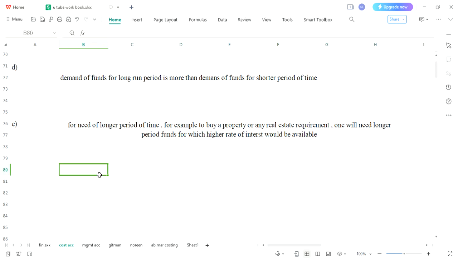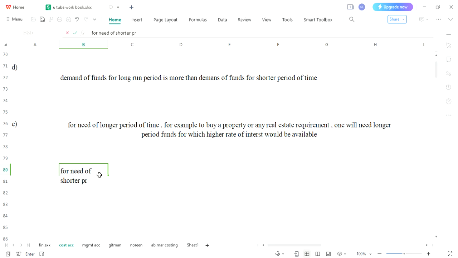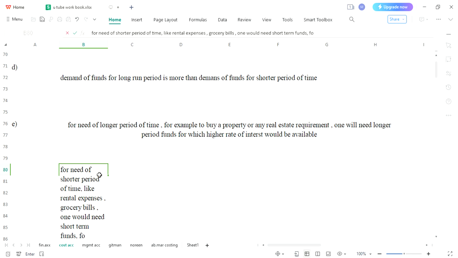And just opposite to this, for the need of a shorter period of time, like rental expenses and grocery bills, one would need short-term funds, for which demand is less, hence the rate of return is also less.